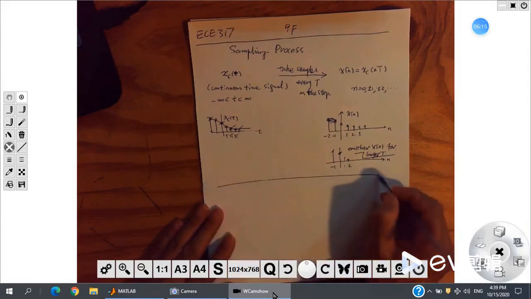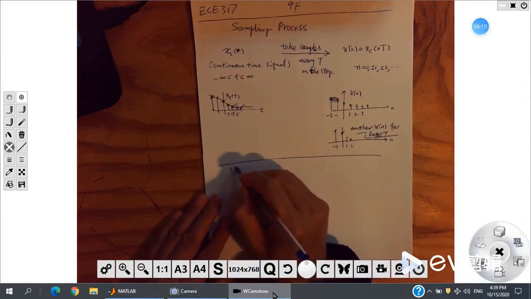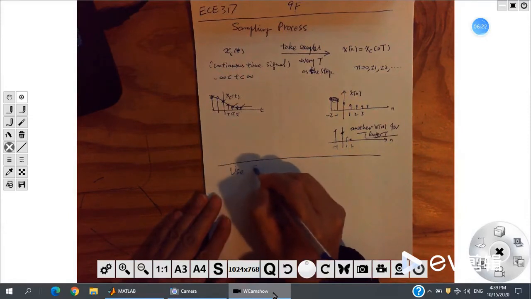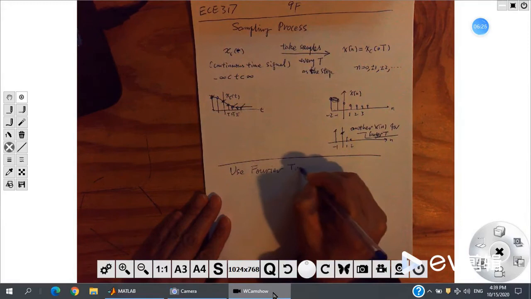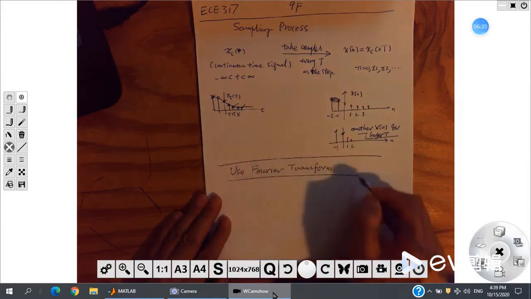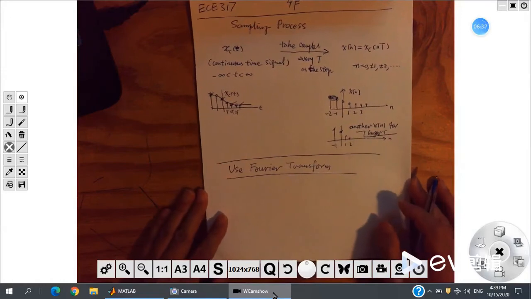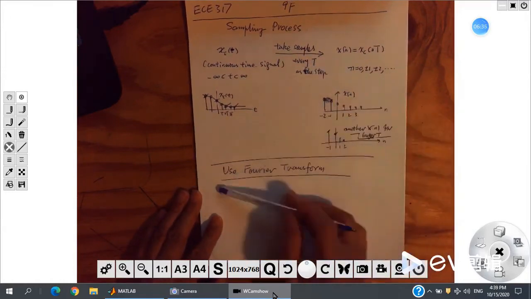All right. Then we use the Fourier transform. Fourier transform provides us a very powerful tool. And here, we can use the Fourier transform.